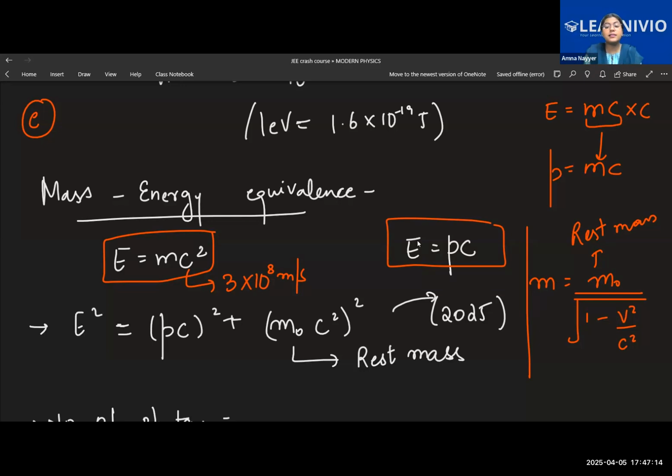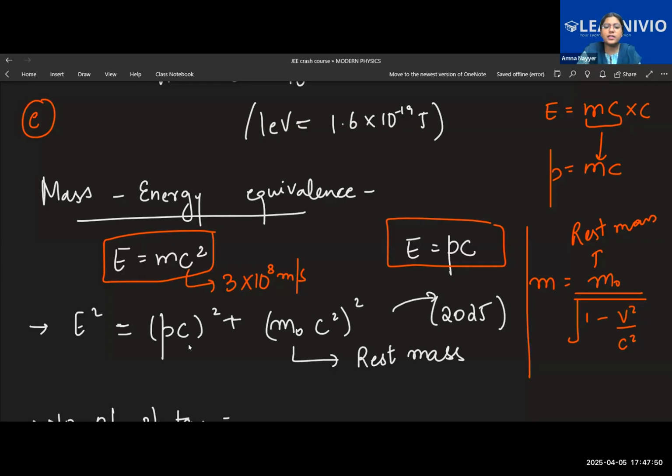So when the rest mass is included, you are going to include this formula along with PC. Then the modified equation becomes E square is equal to PC whole square, the energy of the particle, plus we are going to add the energy of the rest mass also. When the particle is at rest, the speed is very small, so the ratio v square by c square becomes insignificant, and 1 minus a very insignificant ratio gives you the rest mass value.